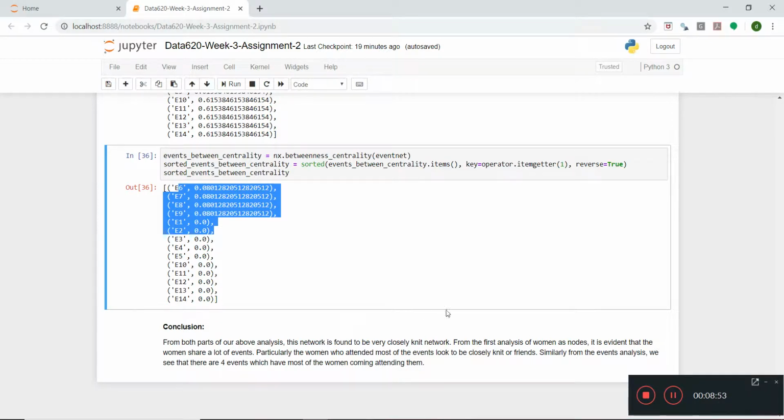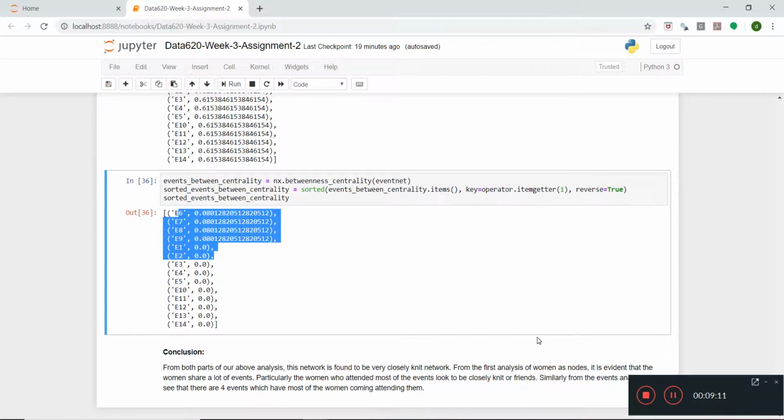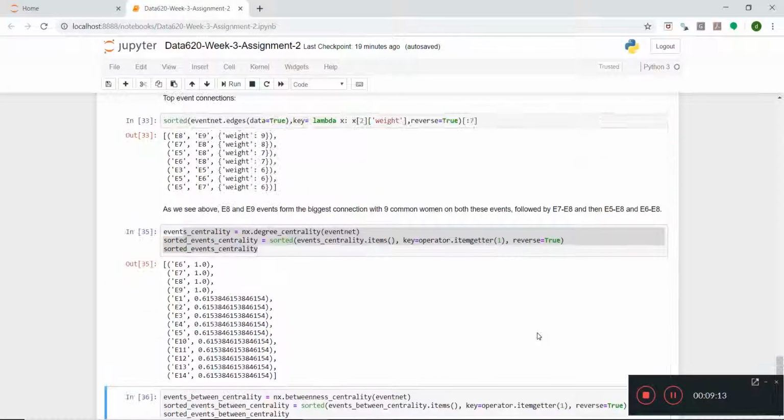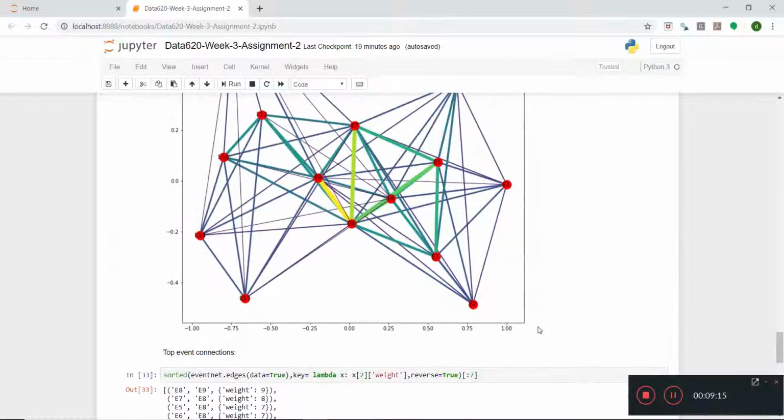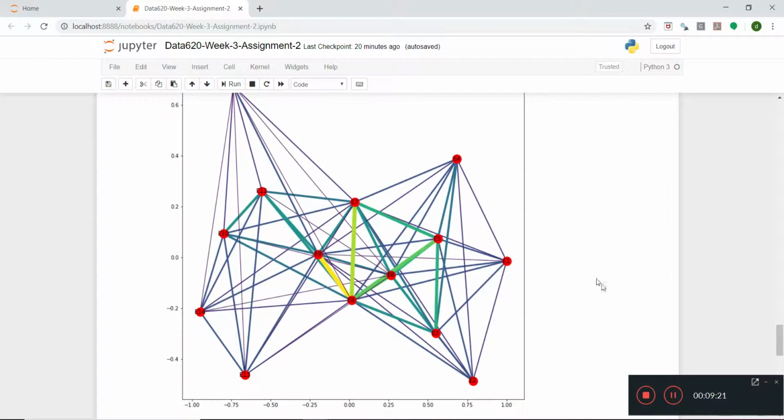As we saw, many of the women share a lot of events, and the women who attended most of the events look to be very closely knit, or friends. Similarly, for the events, we also see that there are 4 events which have most of the common women attending them. All in all, we see that it's a very closely knit graph. That ends our assignment. Thank you.